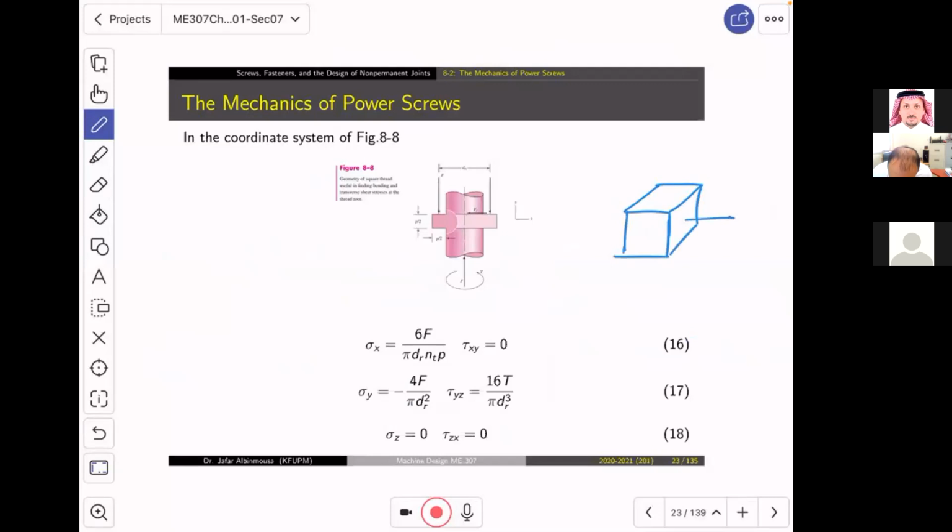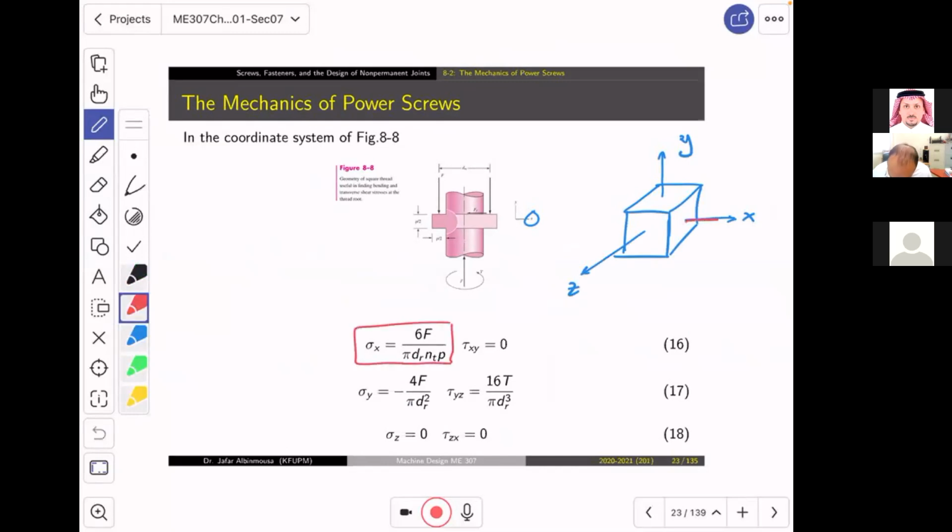If you sketch the cube, ya shabab, like this, we are putting this as the x direction, this as y, and this one as the z direction. Good. Now, where is sigma x? The bending is here. So this one is sigma x, which is the same as sigma bending.